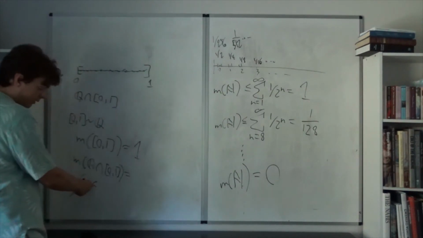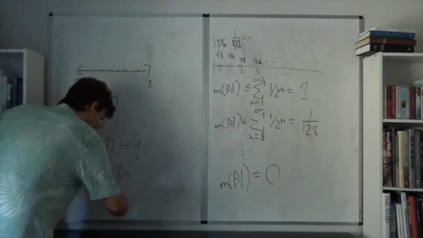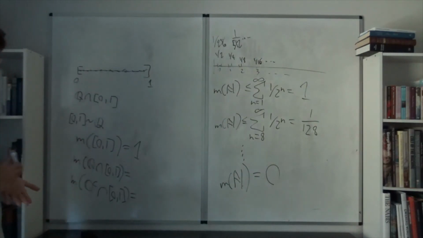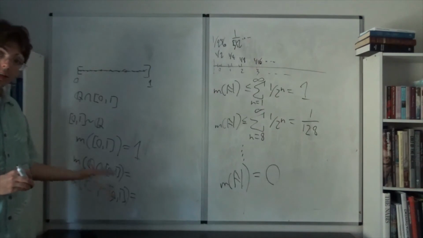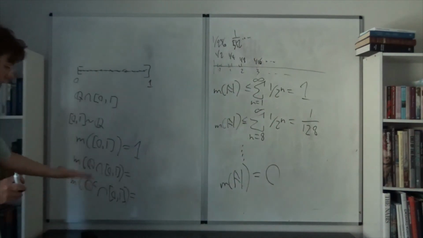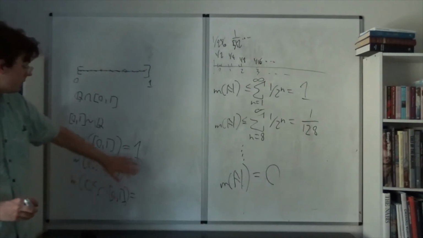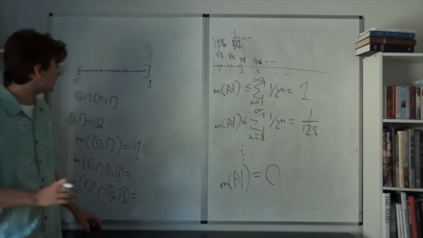That's the complement, so that means everything besides that. What are these guys? Because they can't both be 1. They have to be one or the other. You know, it's either 1/2 for both of these guys, or it's 0, 1, or it's 1, 0. What is it?